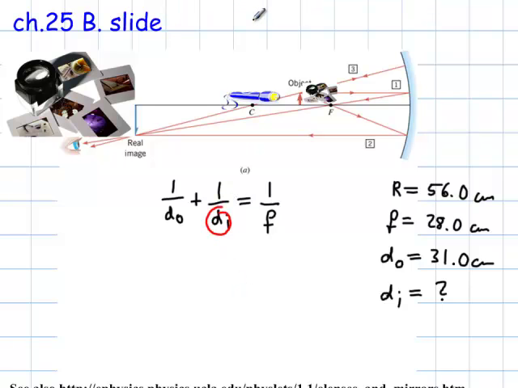So algebraically solve for this one, 1 over d_i equals 1 over f minus 1 over d_o. And then of course that would have to be inverted.